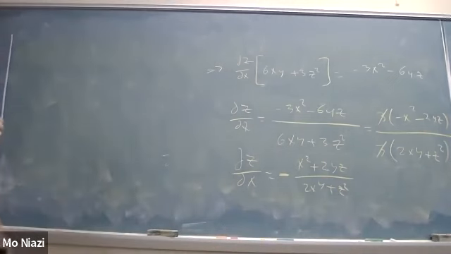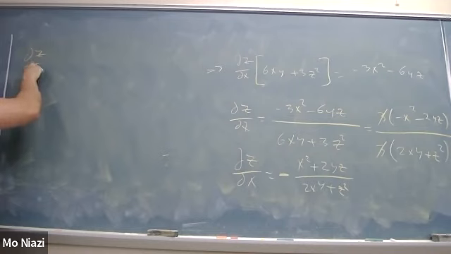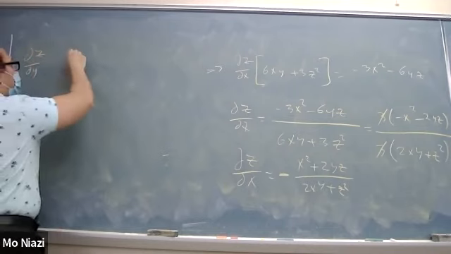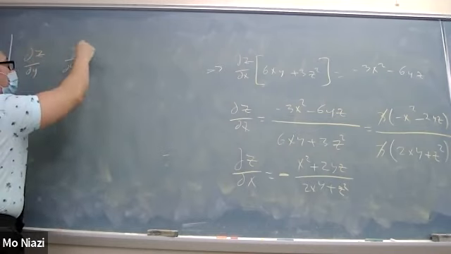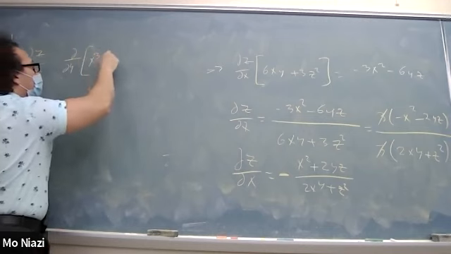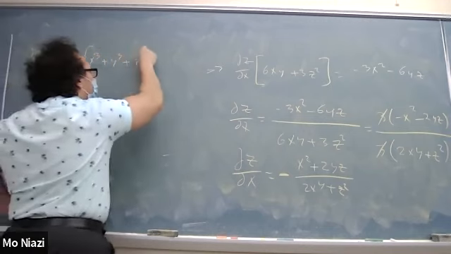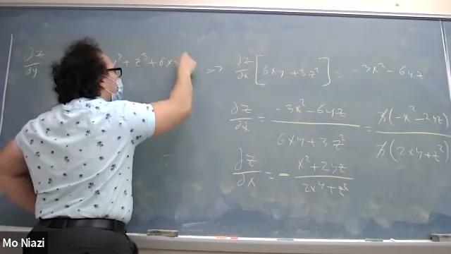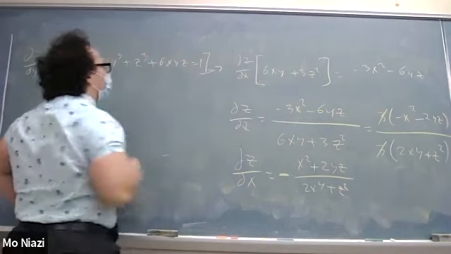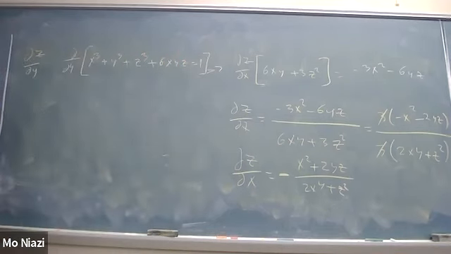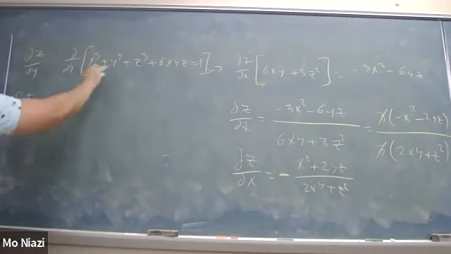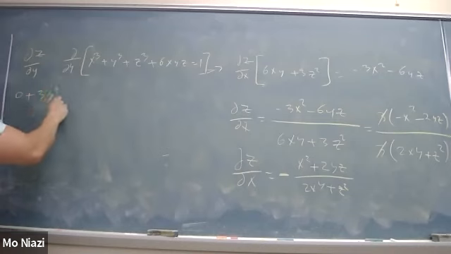So then let's find partial z partial y. Recall that means I take partial y of x cubed plus y cubed plus z cubed plus 6xyz is equal to 0. When it hits this term, it becomes a 0. When it hits this term, it becomes a 3y squared.